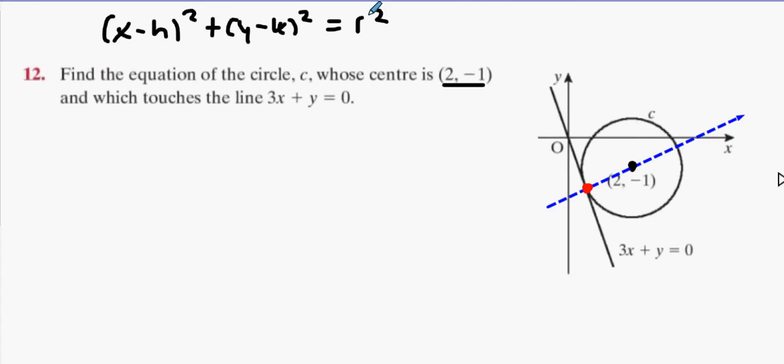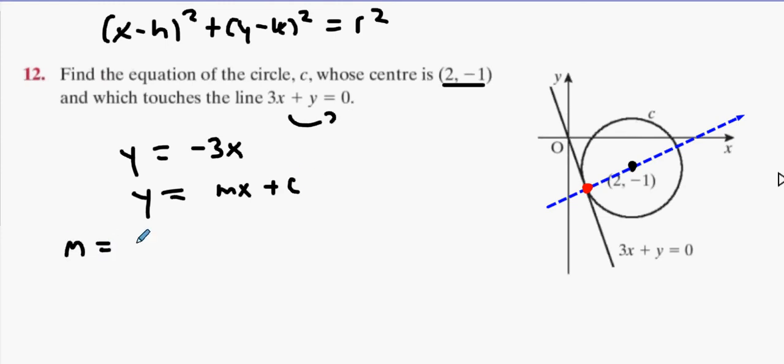How do I get the slope of the black line? Get y on its own. And what is the slope of the black line? Slope of the black line is -3. Therefore, what must be the slope of the blue line? A third. Turn upside down, change the sign to give me a third, okay?